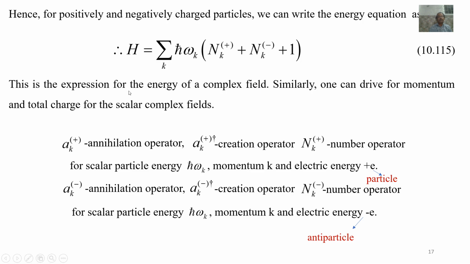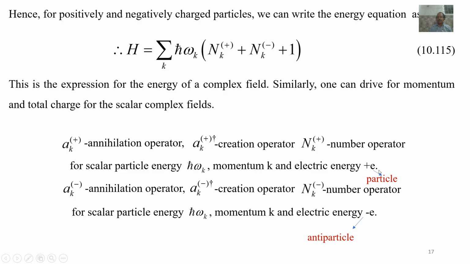So here ak plus is nothing but the annihilation operator. Ak plus dagger means a creation operator. Nk plus refers to the number operator for a scalar particle with energy H bar omega, so this is your particle energy, H bar omega, and momentum k, electric charge plus E, which stands for a particle. Minus E stands for the antiparticle.